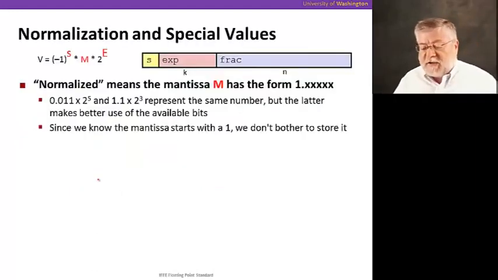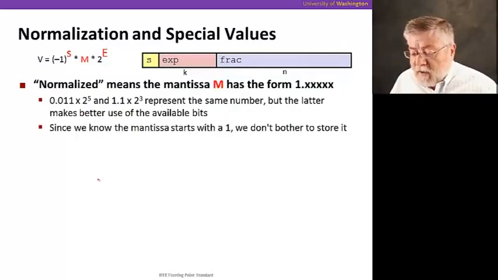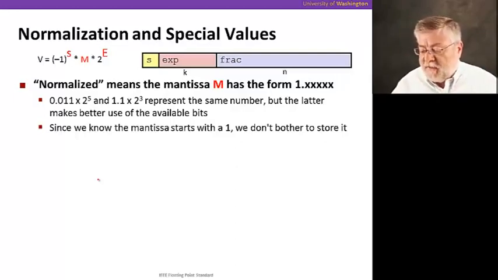Let's talk about the mantissa first, the significand. We're going to talk about normalized numbers, meaning that the mantissa is always going to be of the form 1.xxxxx, some binary bits. This is analogous to what we do with scientific notation in decimal numbers.